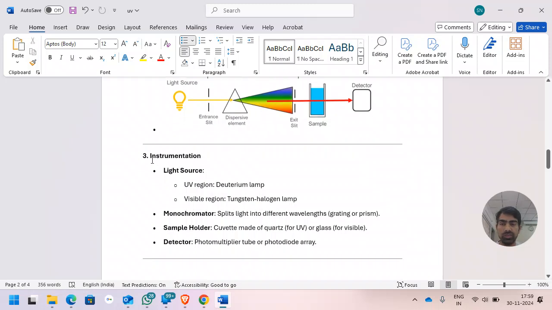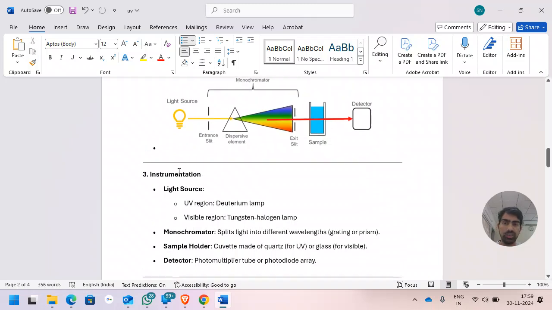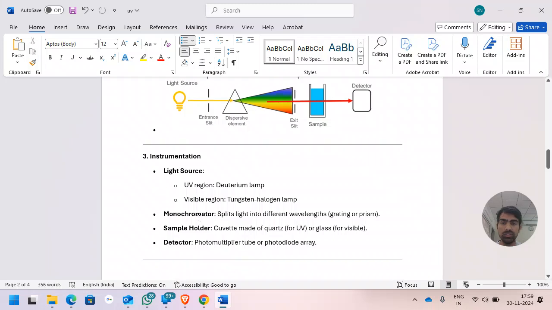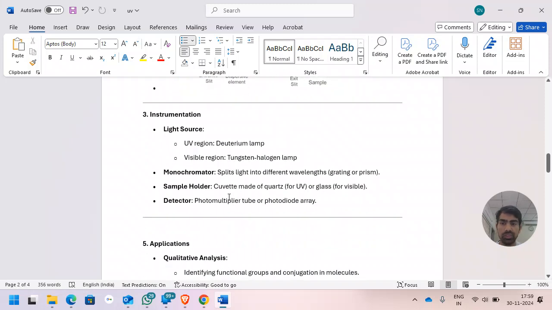Instrumentation. When it comes to the instrument, a light source is required. For UV we need a deuterium lamp. For visible light we need a tungsten lamp or halogen lamp.